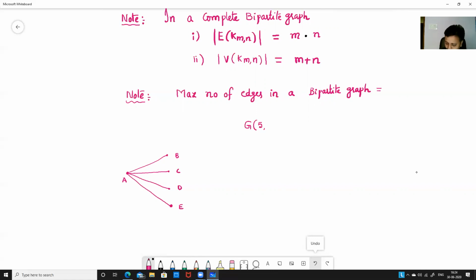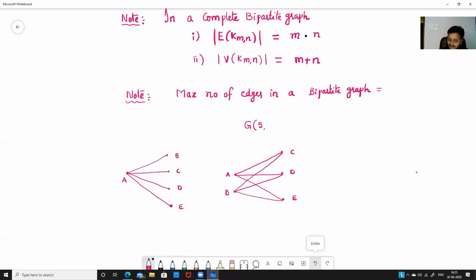Okay. If I have five vertices, I can also take the graph like this: A and B on the left side, and the remaining C, D, E on the right side. In that case, A is joining with C, D, and E, and B is joining with C, D, and E. Clear?